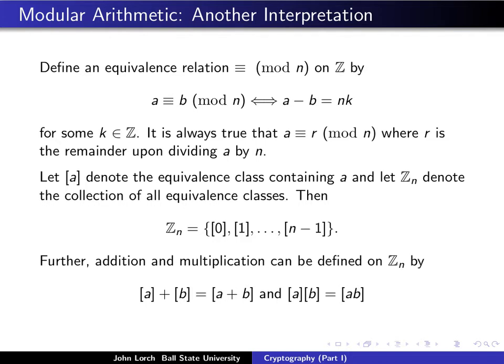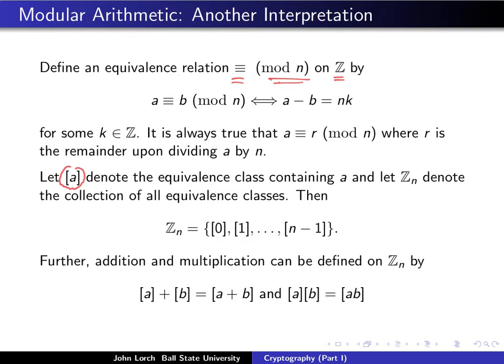And you can define this equivalence relation, equivalence mod n, on the integers by saying that two integers are equivalent mod n if and only if their difference is divisible by n.